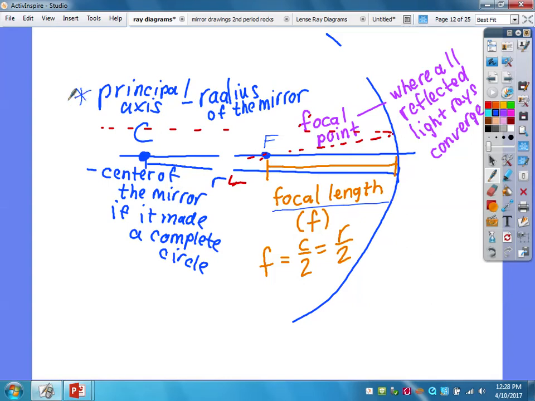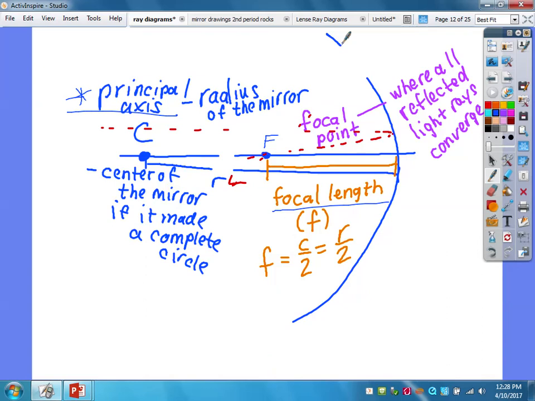The other important point is called the principal axis. We just call it that. That's sometimes where it gets confusing, because people call this whole horizontal line, the x-axis, the principal axis. But the principal axis is specifically the radius of the mirror. And a lot of this is confusing because you're going, radius of a mirror? It's what would happen if this mirror technically extended all the way down and around like a circle.